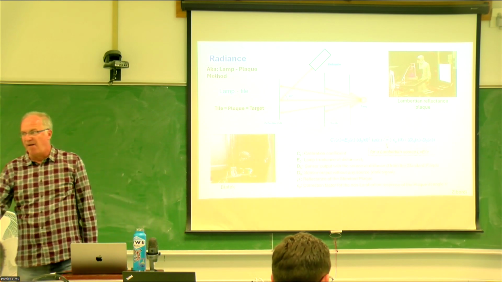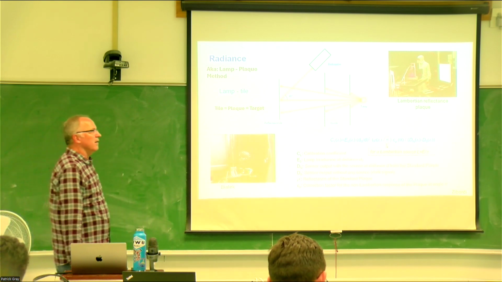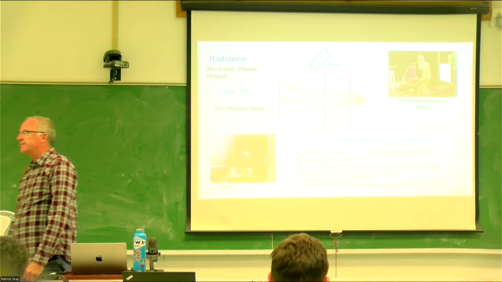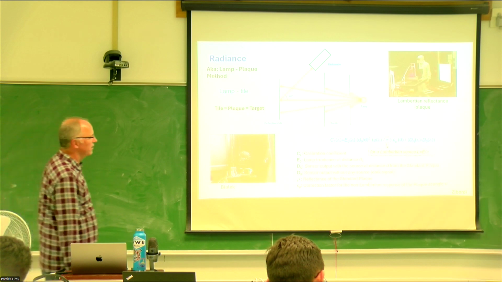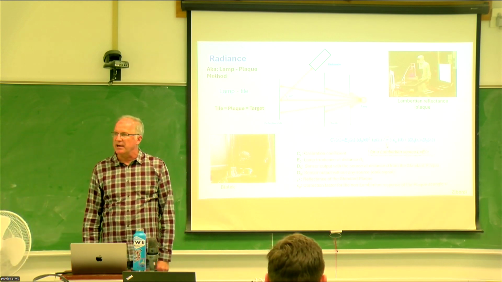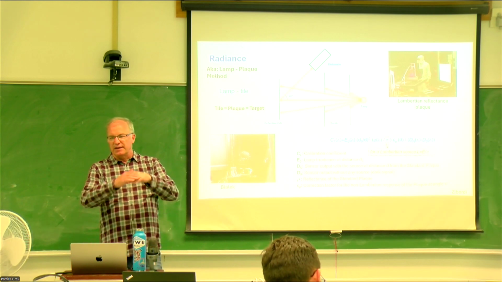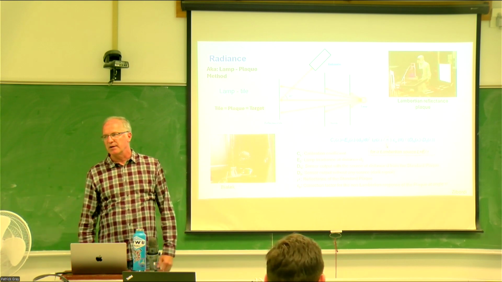So go ahead. How is the plaque calibrated? I don't 100% know. We get plaques from companies, and I think most of it is based on material science properties. They know what the material is, and if they know its smoothness, they know what the reflectance property should be.